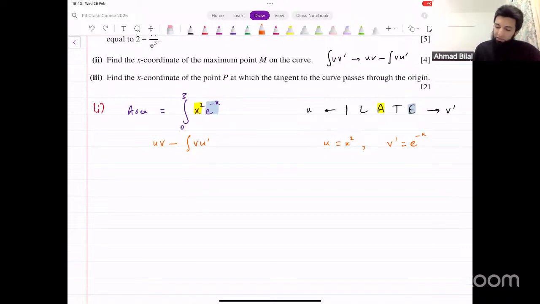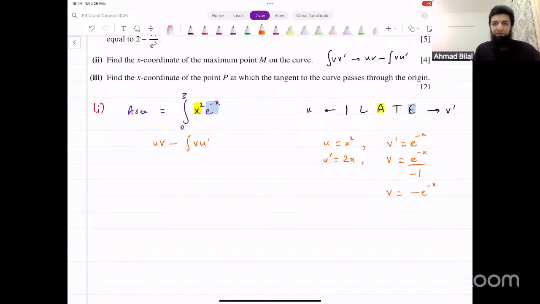What is u dash going to be? Derivative of this is 2x. v dash is e power minus x. We want to integrate this now. e power minus x divided by minus 1, which is the derivative of minus x, right? We have to divide by that. And that simplifies to minus e power minus x.